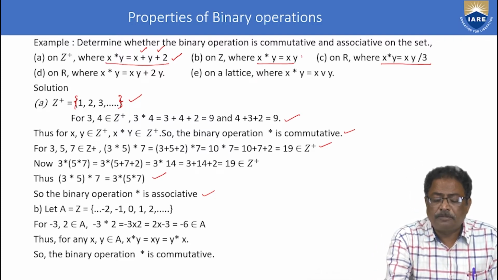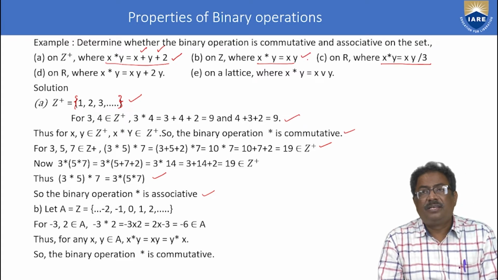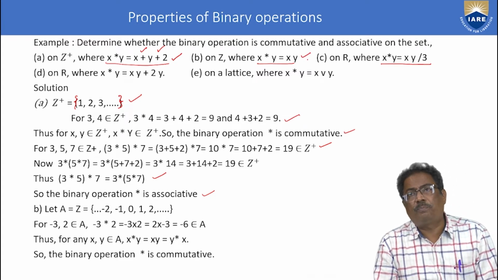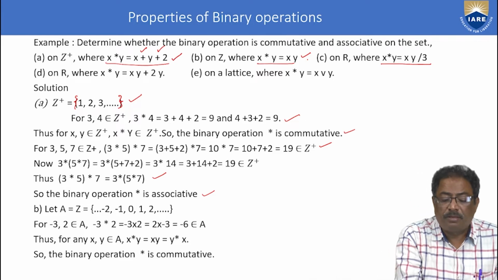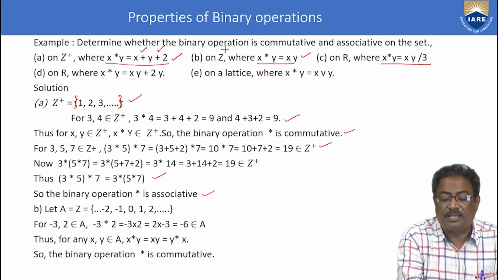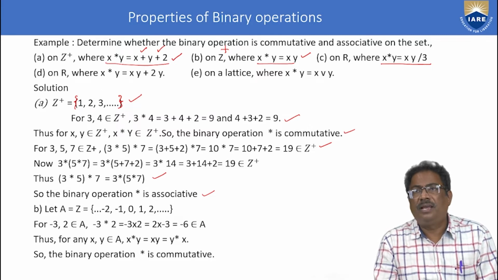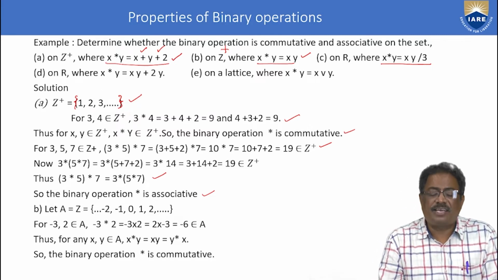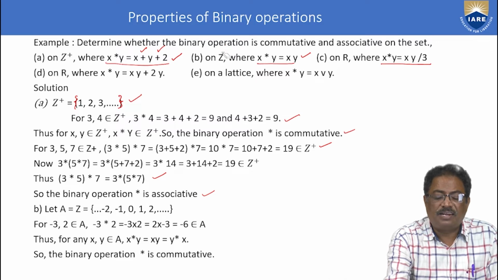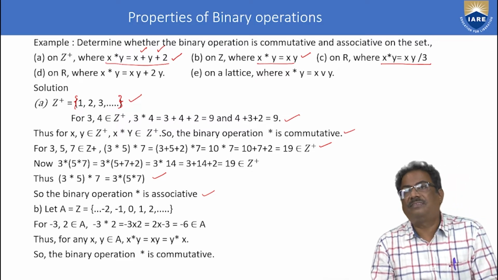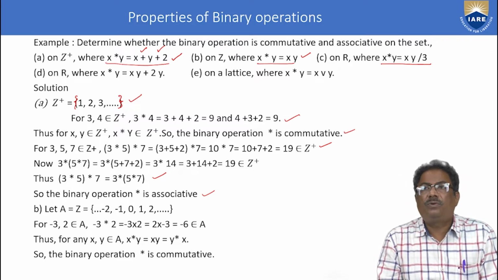Now observe the second one. It is defined on the set of positive integers, so by seeing it itself we can say that it satisfies the associative as well as the commutative property.